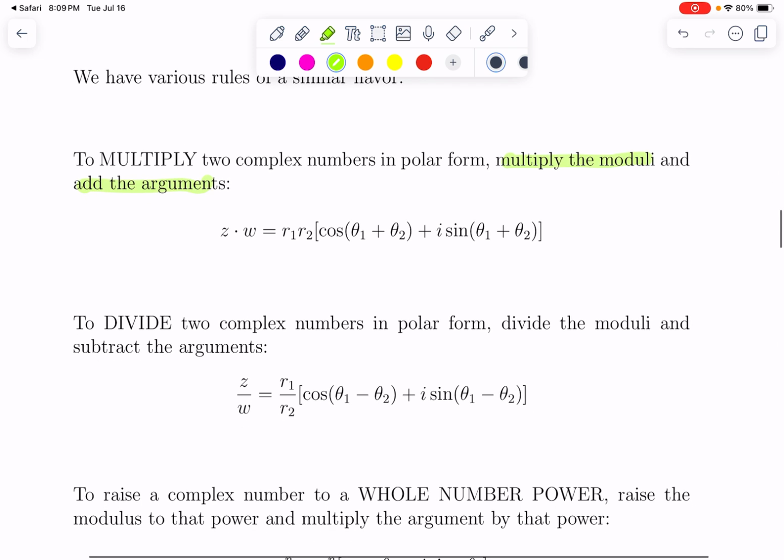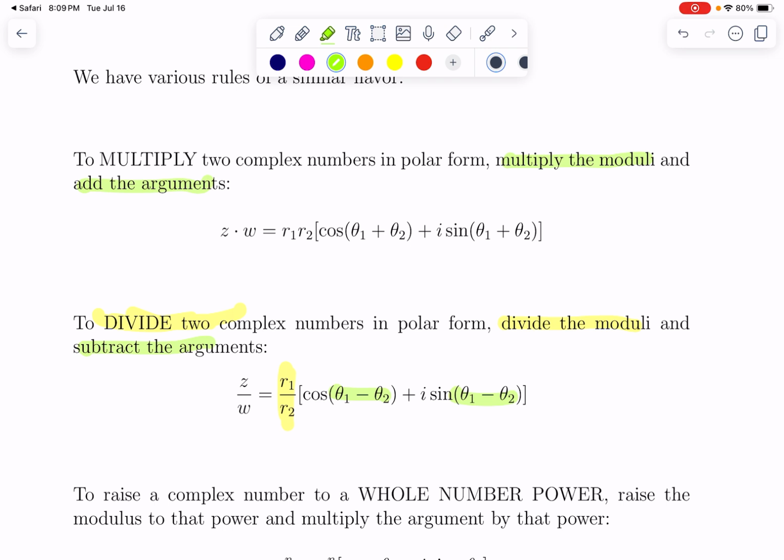Now, I'm not going to go through the details, but by the principle of backwardsness, let's just trust your intuition. What if we divide? Dividing is multiplication only backwards. So we're going to divide the moduli, and we're going to subtract the arguments. What if we want to take a complex number and raise it to a whole number power?